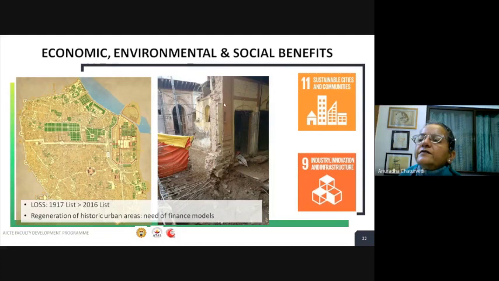So we have Sustainable Development Goal 9, which relates to industry, innovation, and infrastructure, which ensures that these historic urban areas are provided with improved urban infrastructure, that innovative methods are there to ensure financing and support for these kind of regeneration and heritage management activities.